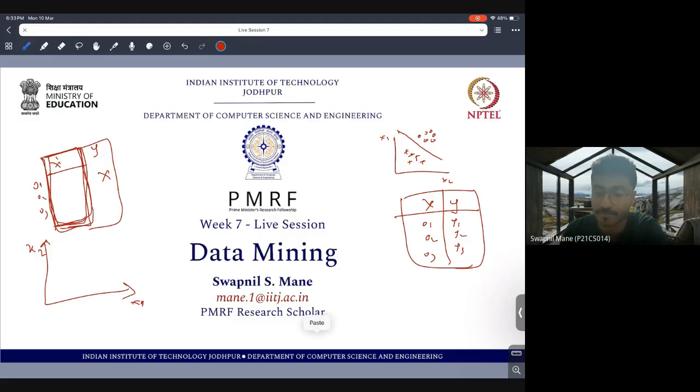There might be more than two features, in which case the dimensionality will increase. So we can plot it in such a way that, as you can see, I have not used a cross and a circle here. All of the points are shown as circles because we don't have the labels of these data points.